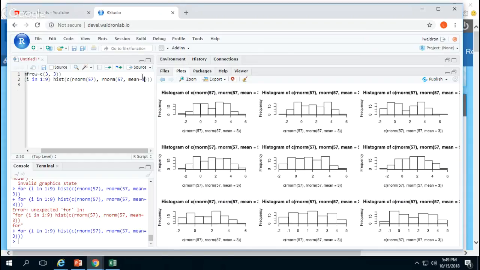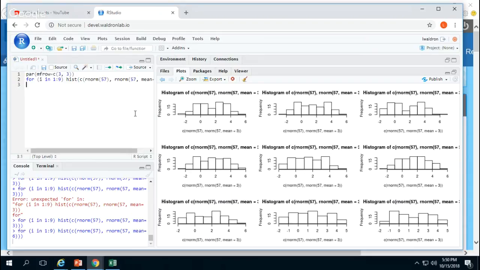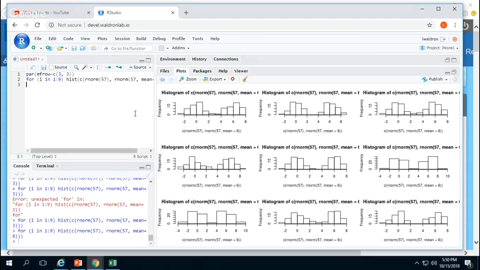So to get something really clear like that one, I'm going to make it bigger. All right, there's a real honest to goodness bimodal distribution. They have a mean of 0 and a mean of 6 and standard deviations of 1. Both 57 in each group. That's sampling variability. It's kind of apropos since I'll be introducing sampling distributions and sampling today.